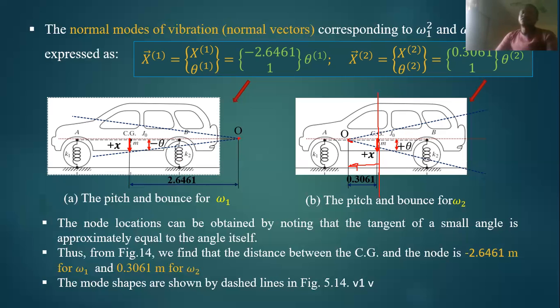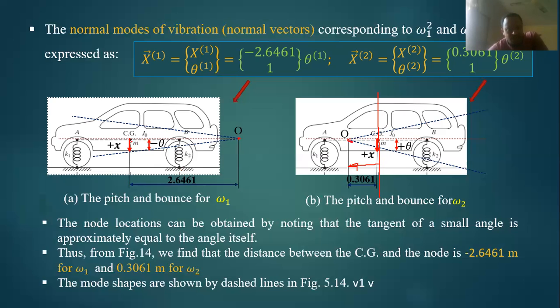Clockwise direction is taken as positive here, while the counterclockwise movement is taken as negative in our context. So this is the representation of the mode of pitch and bounce.